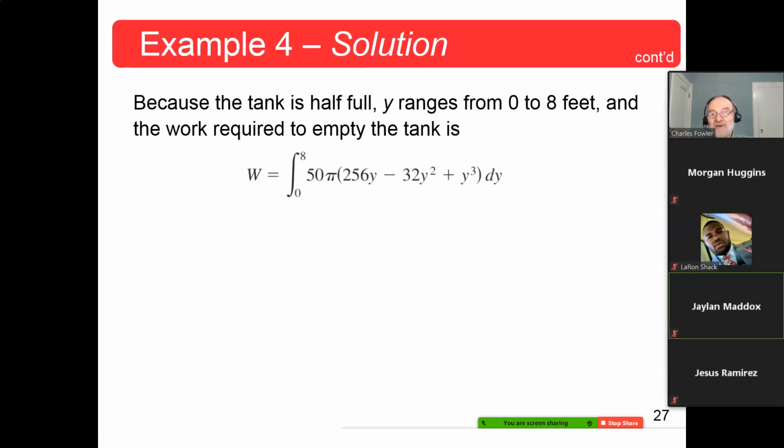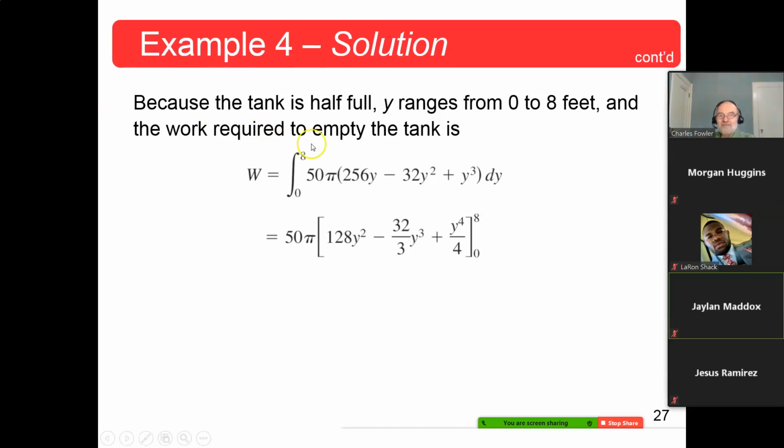So that's what we evaluated. Why in the world they put the 50 pi inside, didn't take it outside, I don't know. But anyway, there they took it on the outside. And there's your integration.